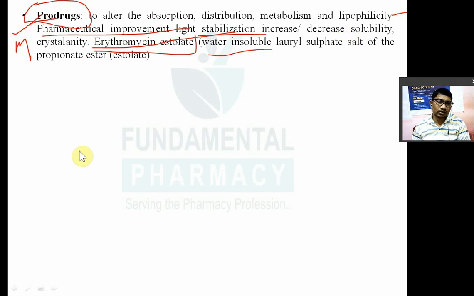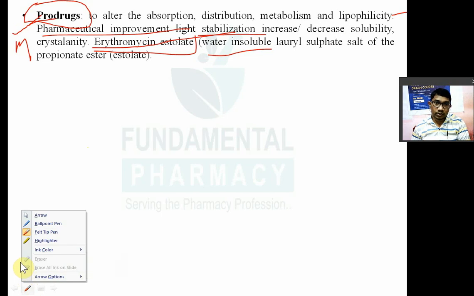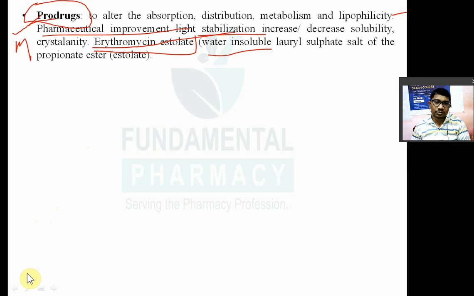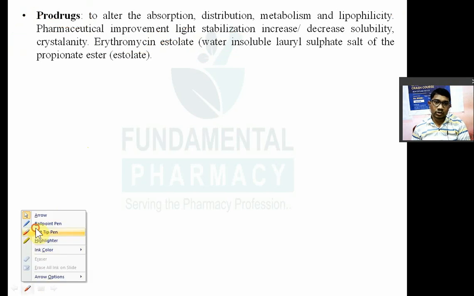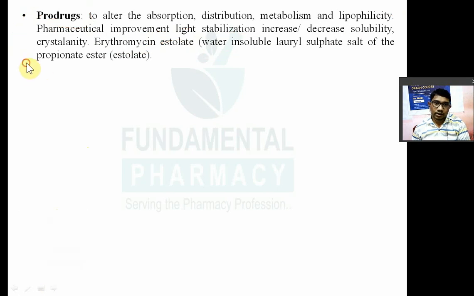Why is it called estolate? Because it is an ester salt: erythromycin plus propionic acid ester with lauryl sulfate. That's why it is erythromycin estolate, the water insoluble lauryl sulfate salt of propionate ester.